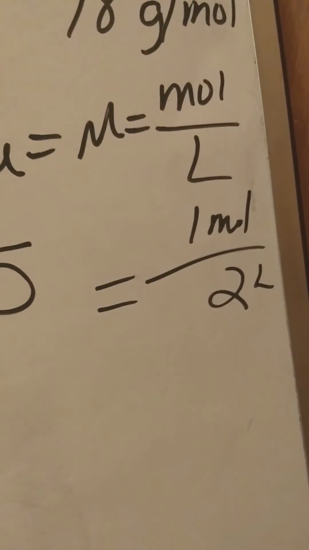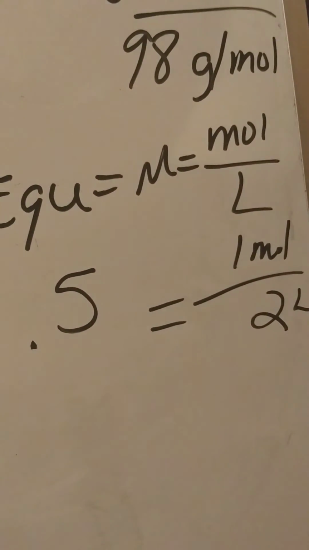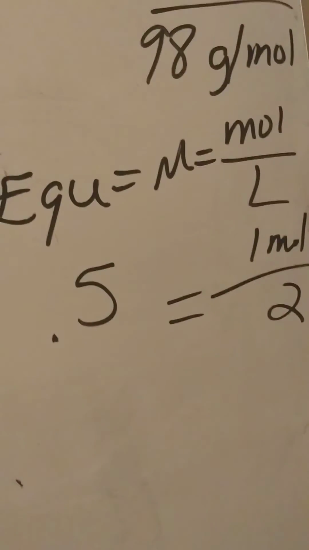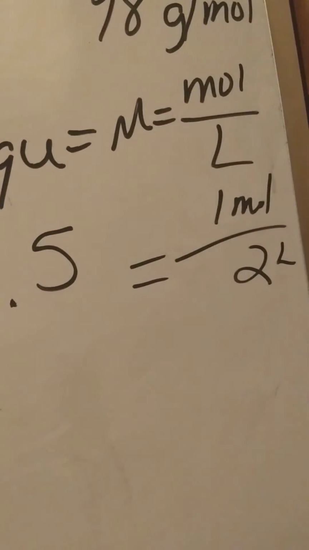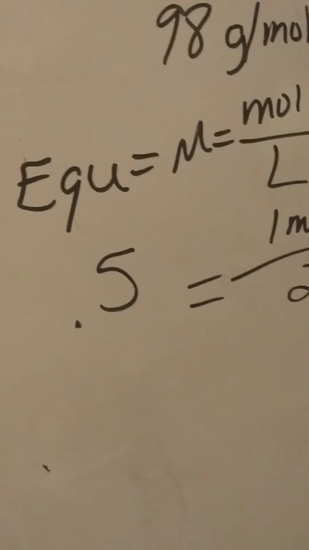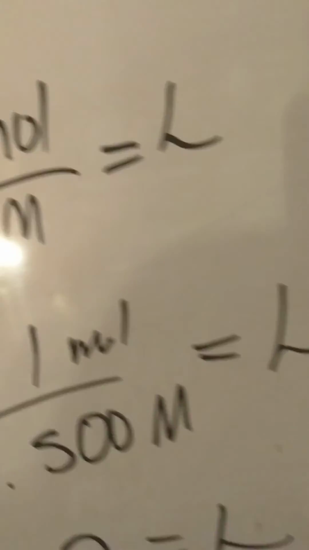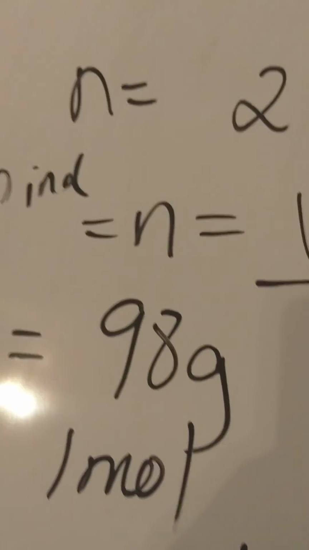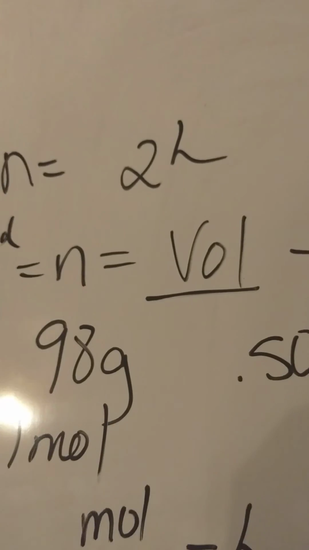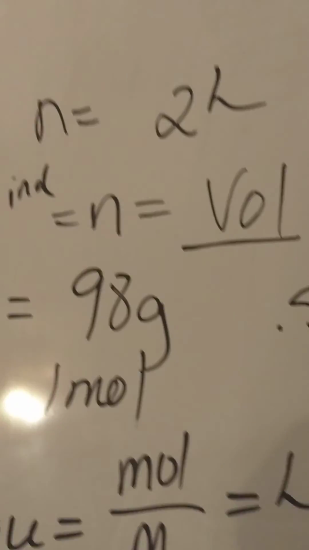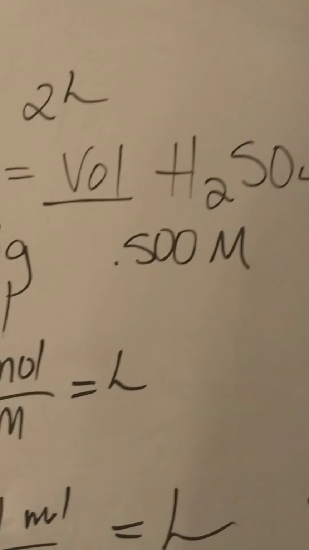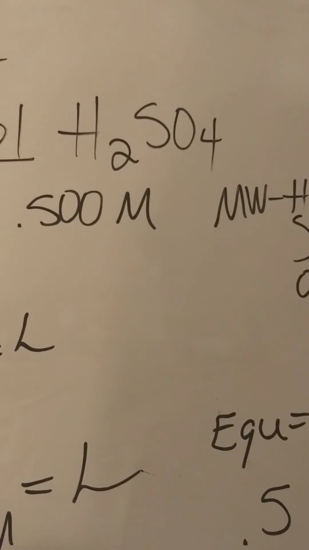I didn't use a calculator for this one because I didn't need one. It was a very simple problem with some nice complicated components. So n equals 2 liters. And that is how you solve and check for n equals the volume of sulfuric acid, H2SO4.